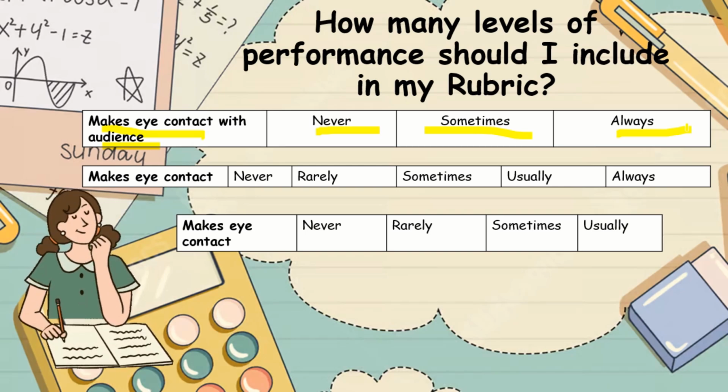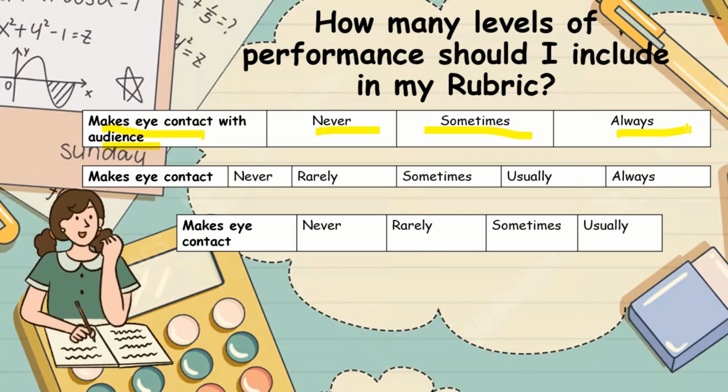Upon applying the three levels of performance, you might discover that you can effectively group your students' performance in these three categories. Furthermore, you might discover that the levels of never, sometimes, always sufficiently communicate to your students the degree to which they can improve on making eye contact.